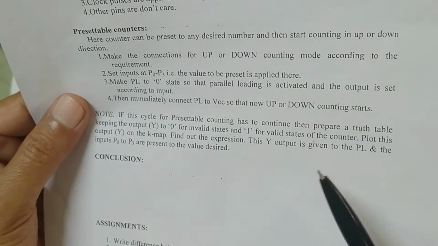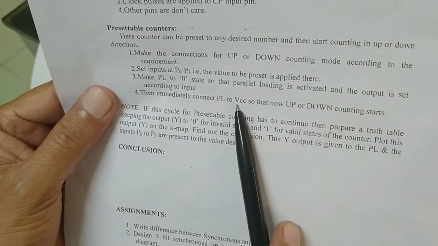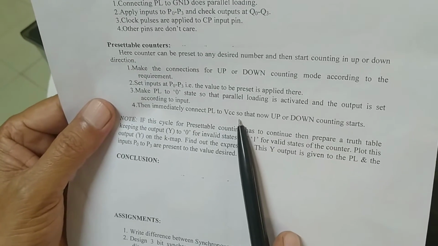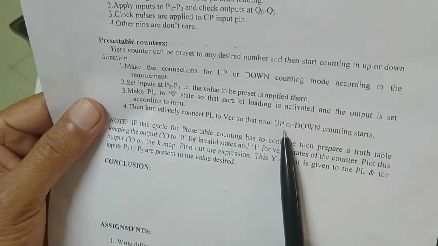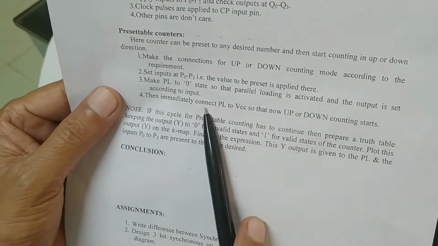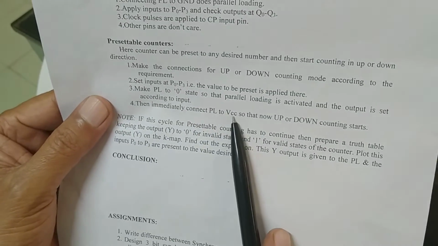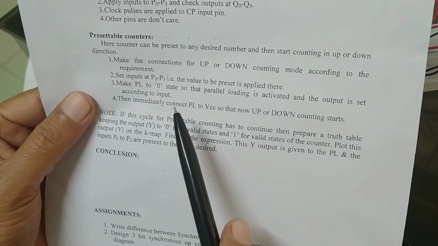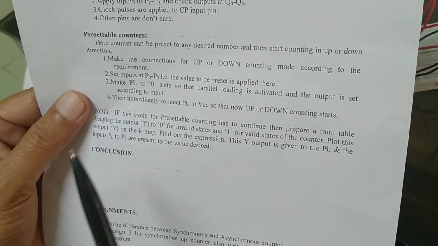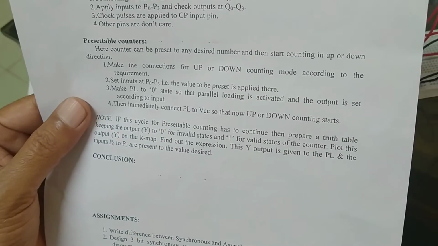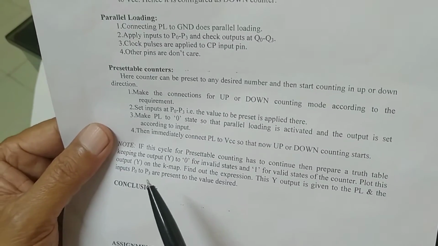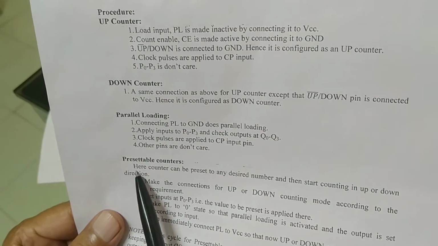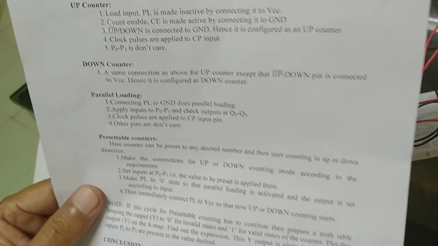Then we make PL, parallel loading, go to VCC immediately, and it will start counting from the value we applied. This is known as the presettable counter. Like this you have to perform up counter, down counter, parallel loading and presettable counter. Thank you.